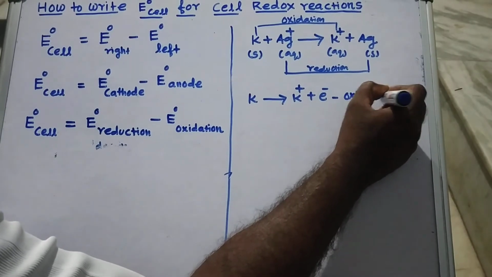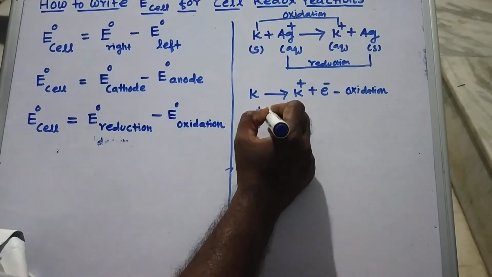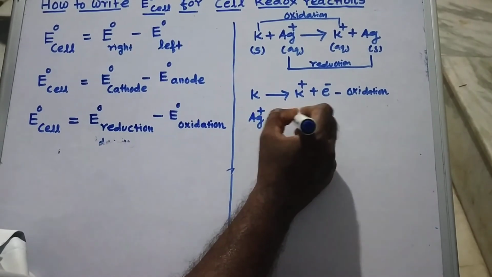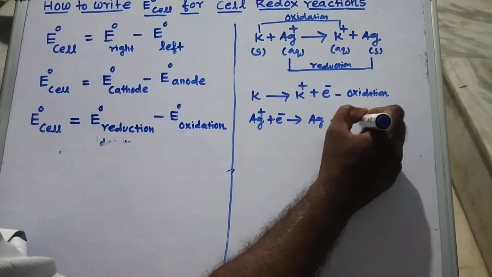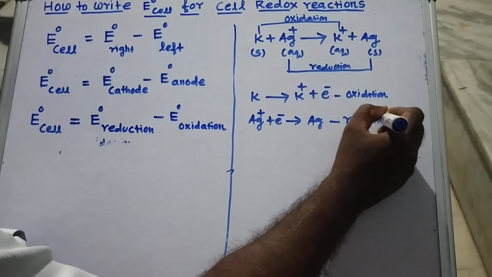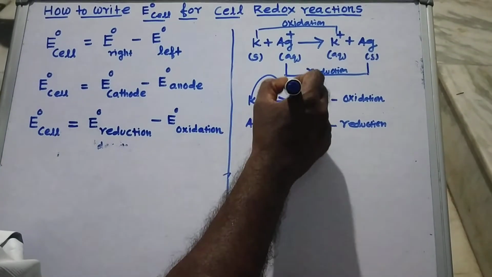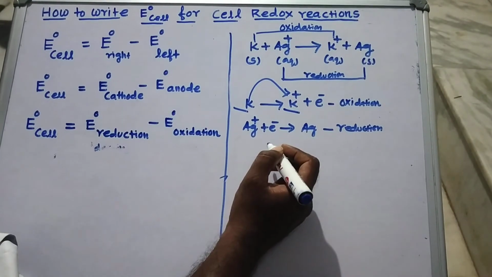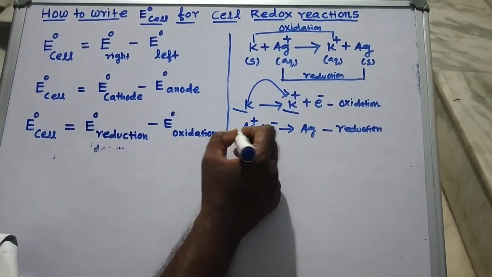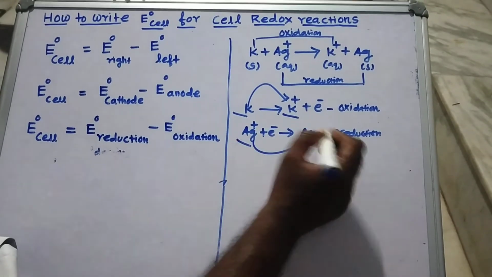Then Ag plus gains 1 electron and becomes Ag. Here reduction takes place. So in this equation, K becomes K plus: this is the initial state, this is the final state. Then here Ag plus becomes Ag, therefore this is the initial, this is the final.